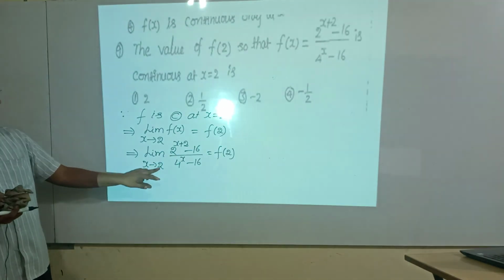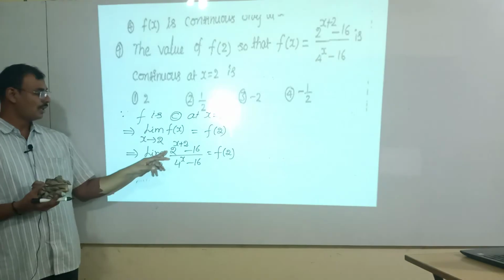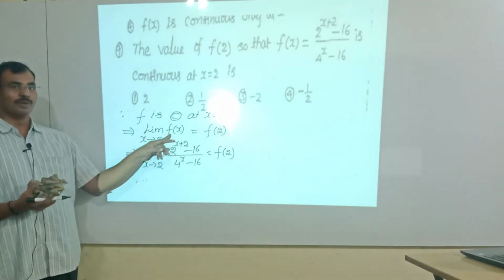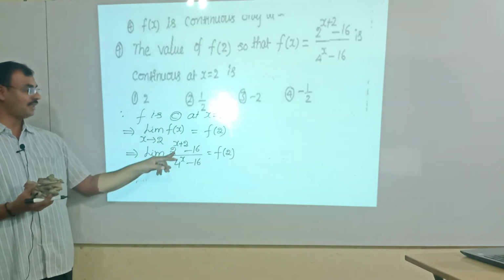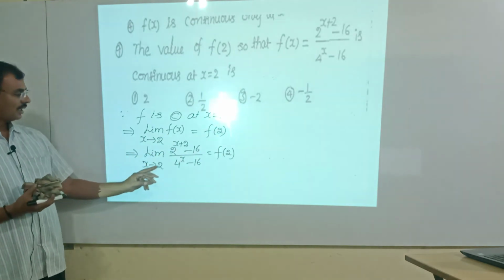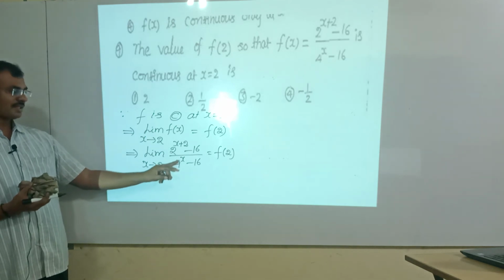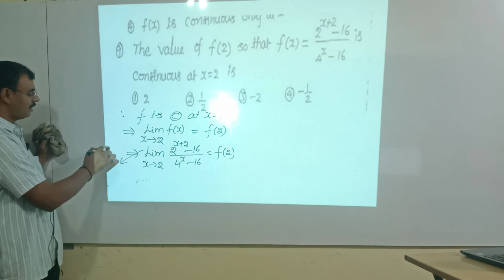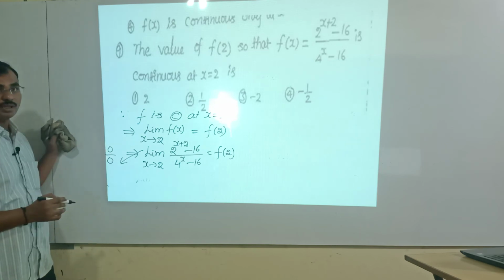If I apply the limit, 2 raised to 2 plus 2, that is 2 raised to 4, which is 16. 16 minus 16, 0. Here 4 raised to 2, 4 square, 16 minus 16, 0. So this is 0 by 0 form.